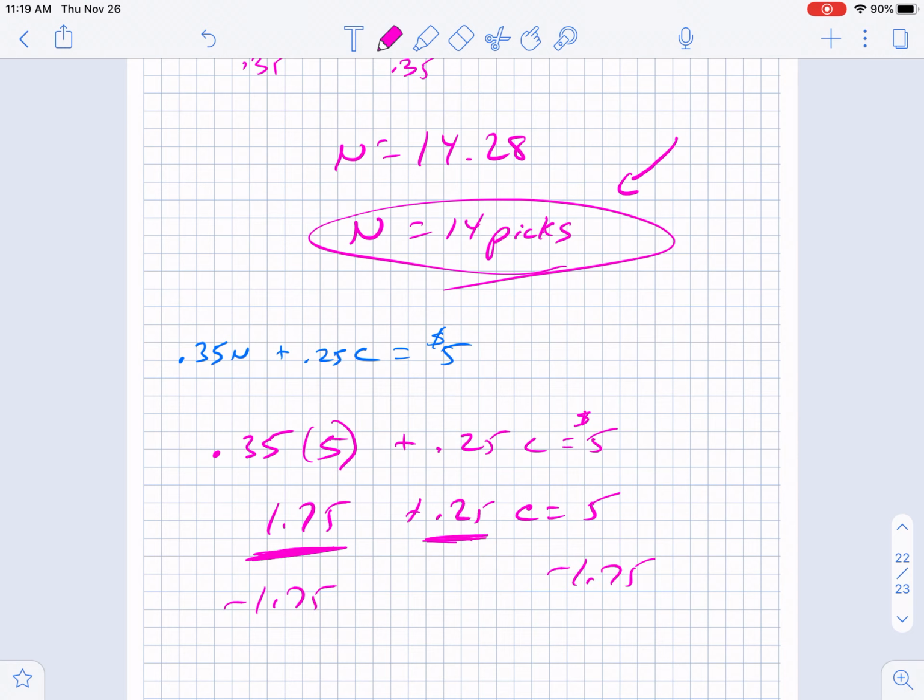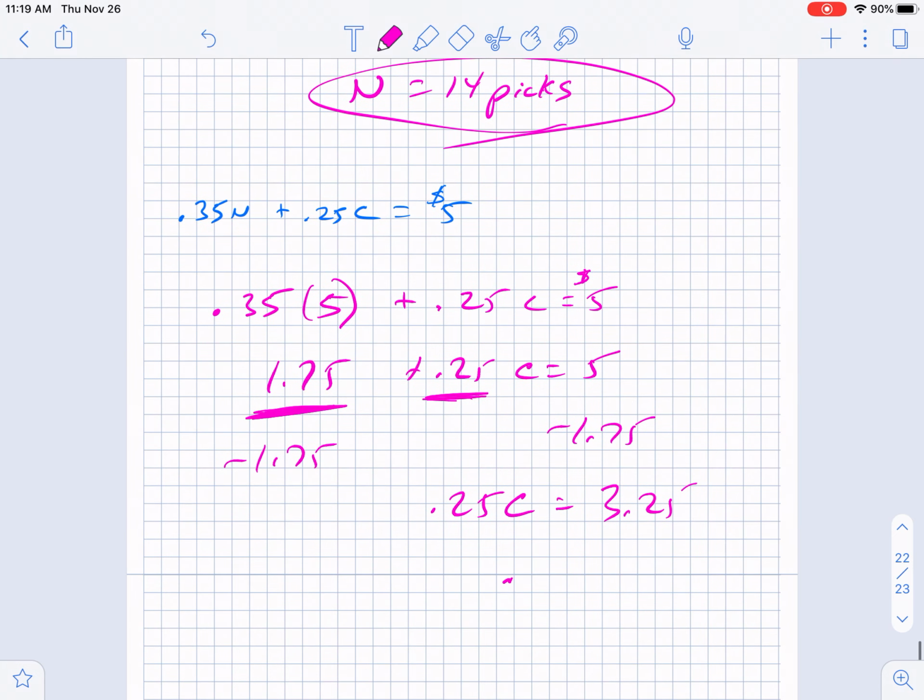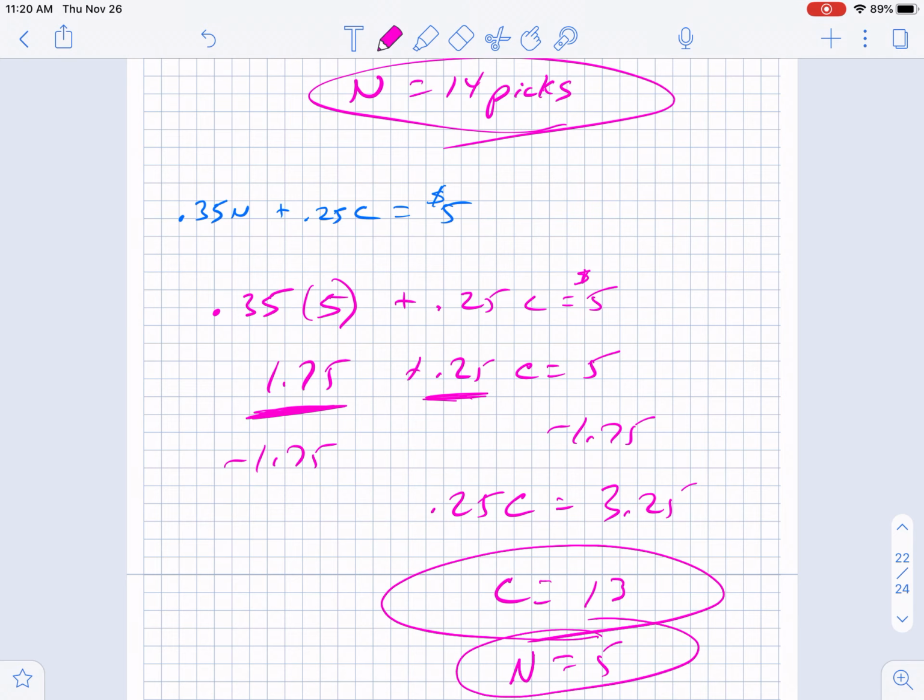I get 0.25c equals 3.25. And then I don't really have to use a calculator here. I know that every 25 cents in $1 is 4. There's $3.25, so it'd be 13. But you can use your calculator. 3.25 divided by 0.25 equals 13. And so if you buy 5 N's, you can get 13 C's.